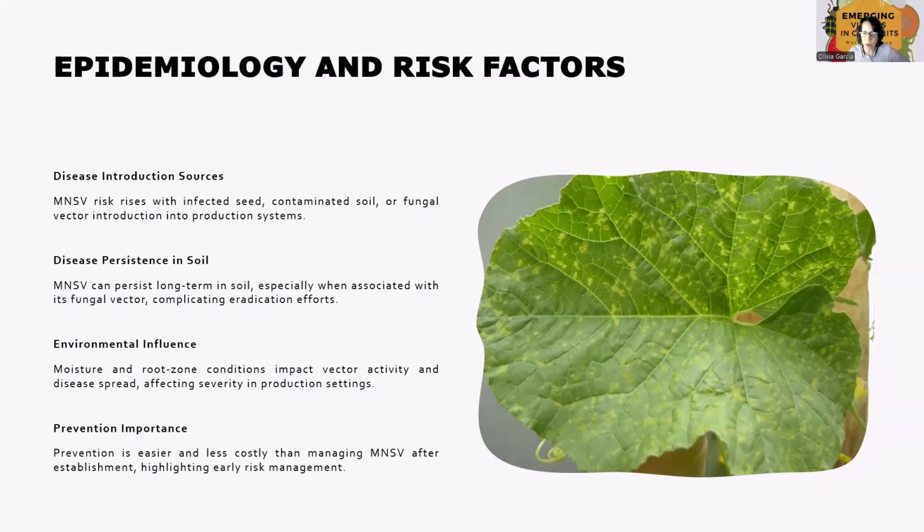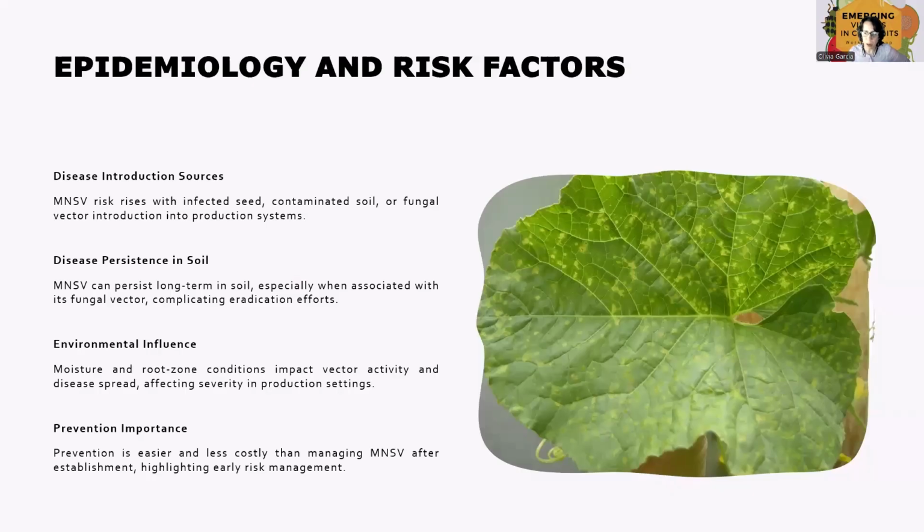MNSV is particularly concerning because it can persist in association with its vector and in soil. That means management becomes harder once the pathogen is established, and it's one of the reasons why prevention and containment are more effective than trying to react when symptoms are widespread.